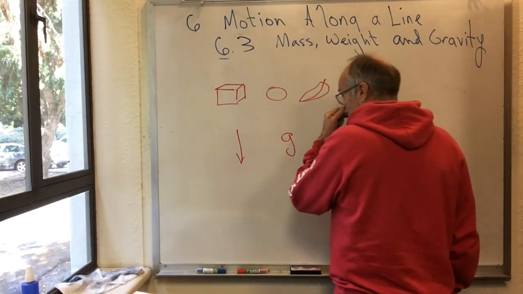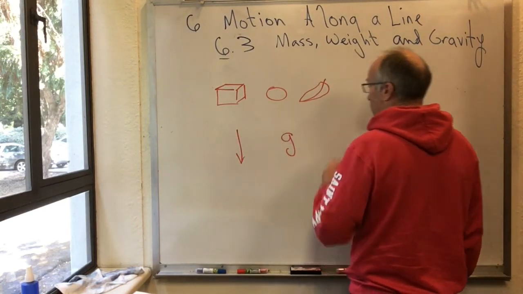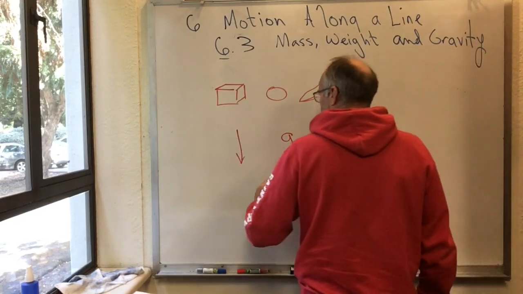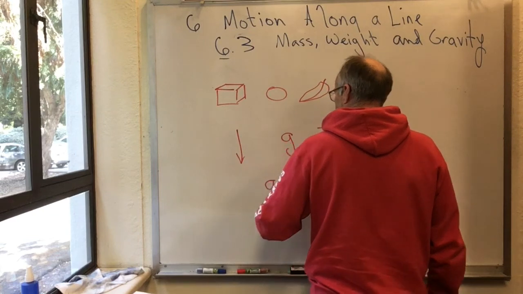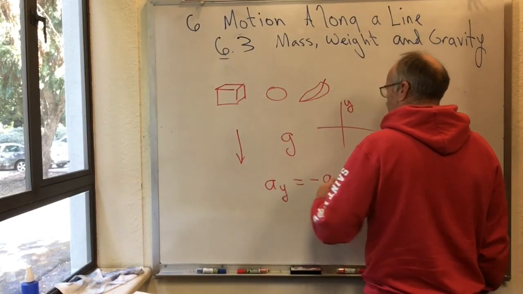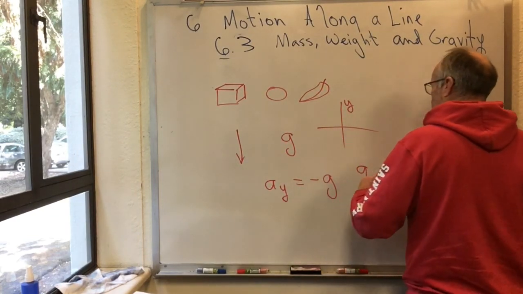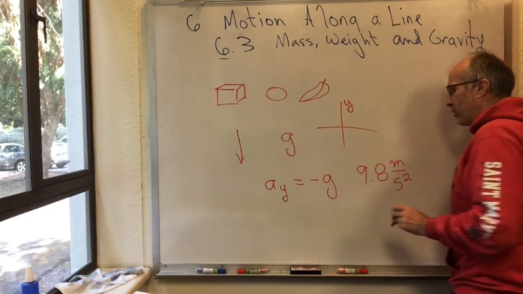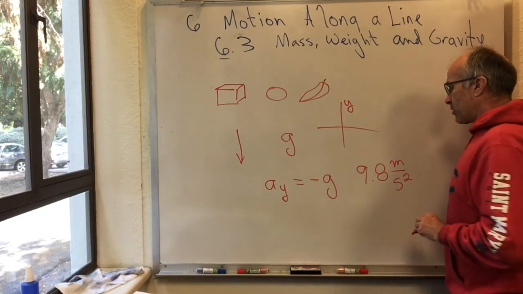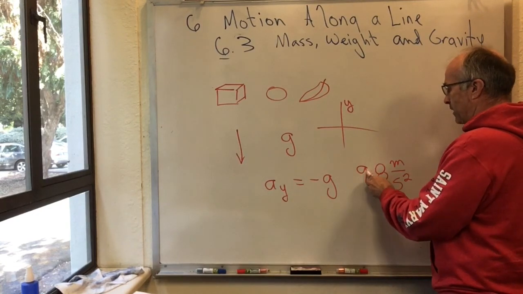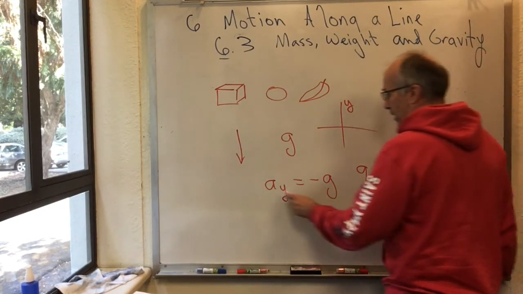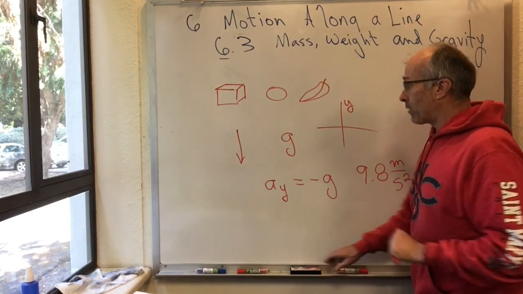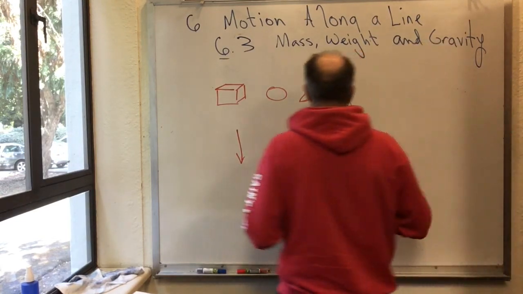Assuming the coordinate system is set up so that y is up, we write that as a sub y is equal to minus g. On Earth, g is 9.8 meters per second squared. On the moon, it's about a sixth that much. So g is a positive number, 9.8 meters per second squared, and a sub y is minus g. That's what we know about gravity so far.